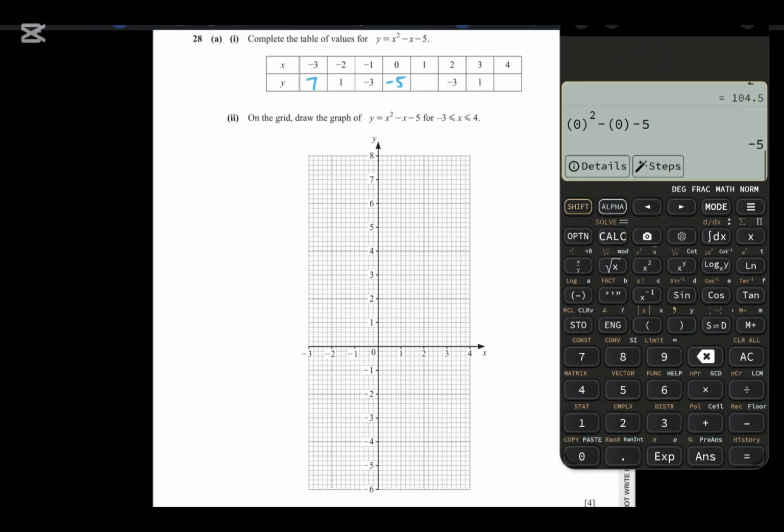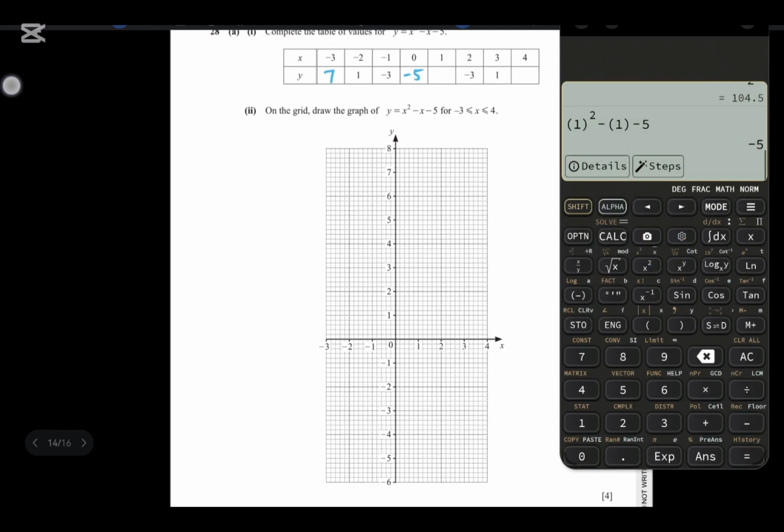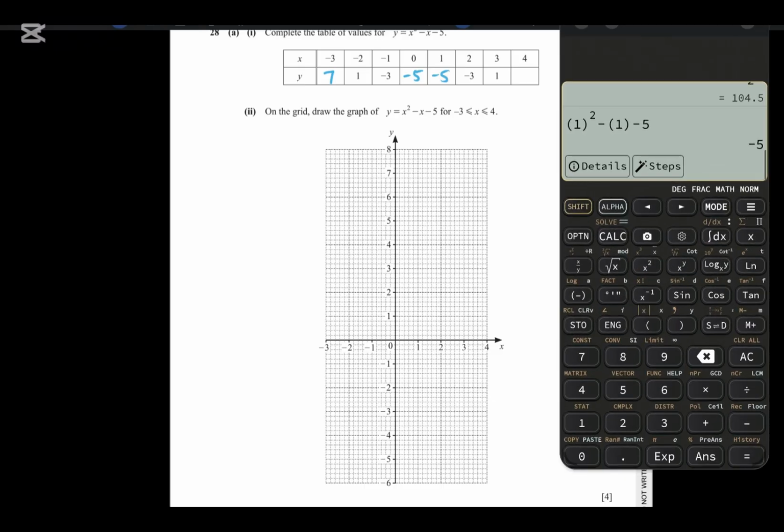Then instead of 0, put 1. One square minus 1 minus 5 is again minus 5. Then take 4 instead of 1.